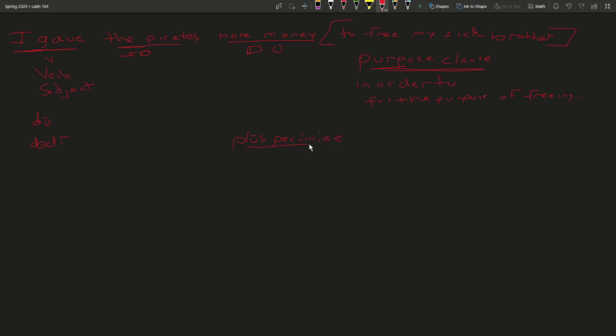More of something is how these two are related. And then we also have to understand what this money was given to. Since it's an indirect object, we could pretty naturally go with the dative case here. And since it's not just one pirate, but it's many, we'll also use the dative plural. So I gave more money to the pirates, and then to free my sick brother.